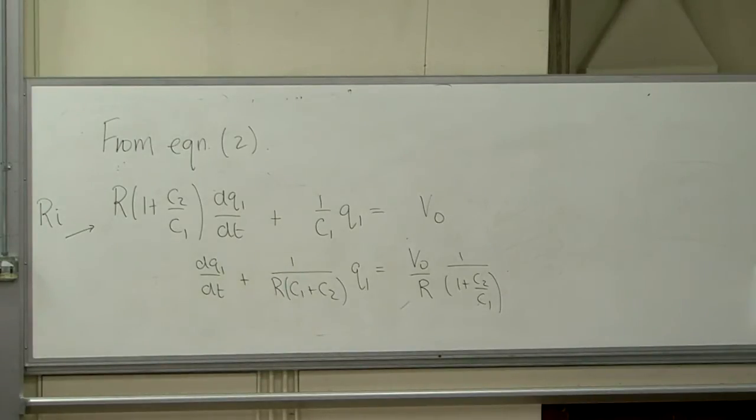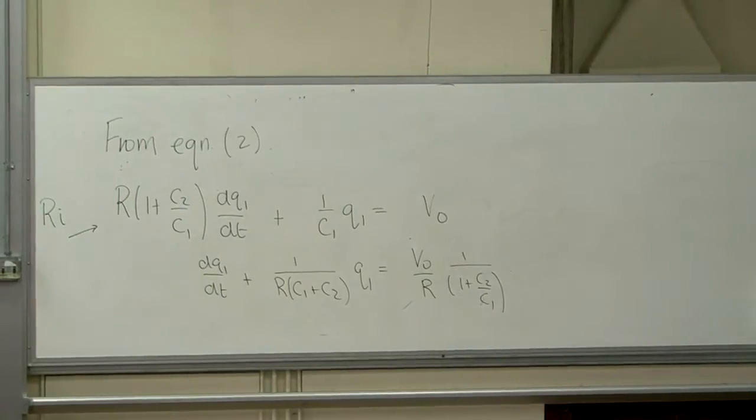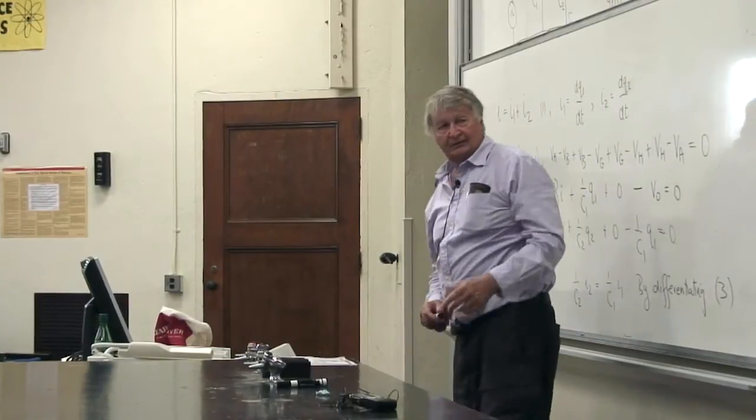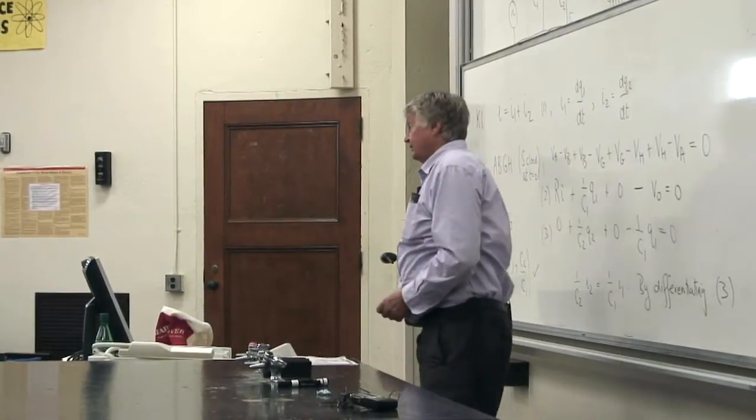So now I have an equation for Q1, a first order differential equation for Q1, which I can solve. I know the initial condition. The initial condition I gave you was that Q1, the initial charge, was 0. So voila.